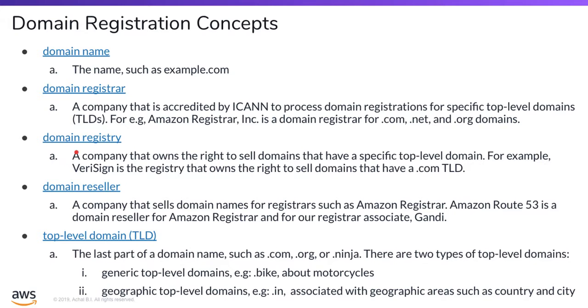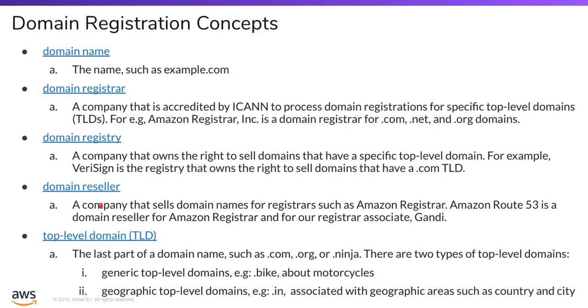There is also something called domain registry that we need to understand. It's the company that owns the right to sell the domains that have a specific top level domain. For example, VeriSign is the registry for the .com TLD. So there are many companies that own the right to sell the domain, and they are specific to the top level domains they are associated with.